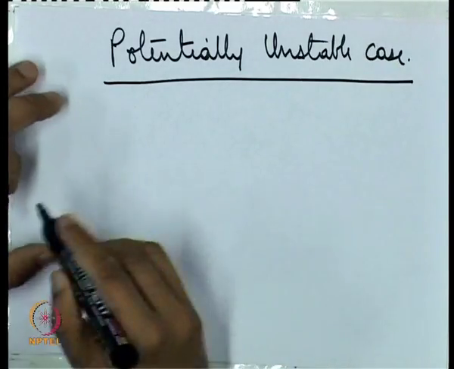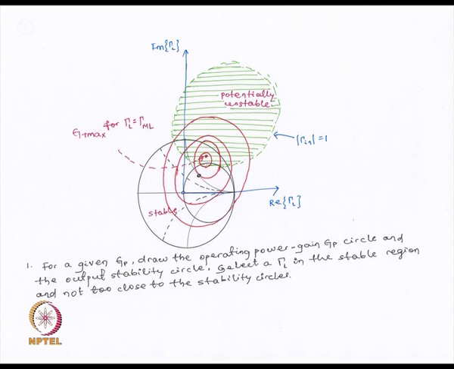For the potentially unstable case, say this is your unit circle and this is your stability circle.